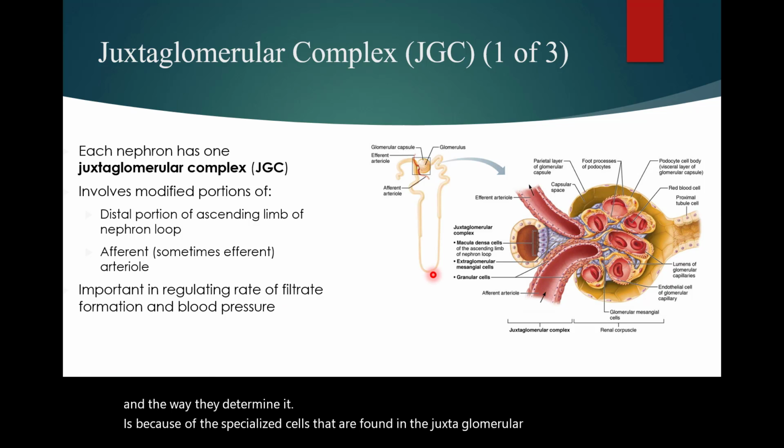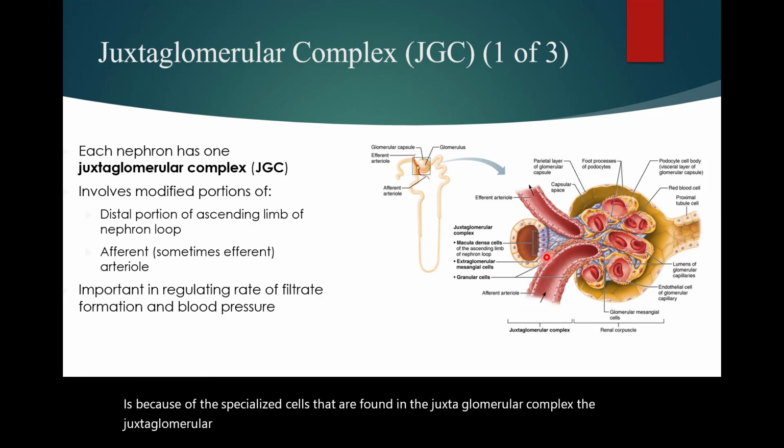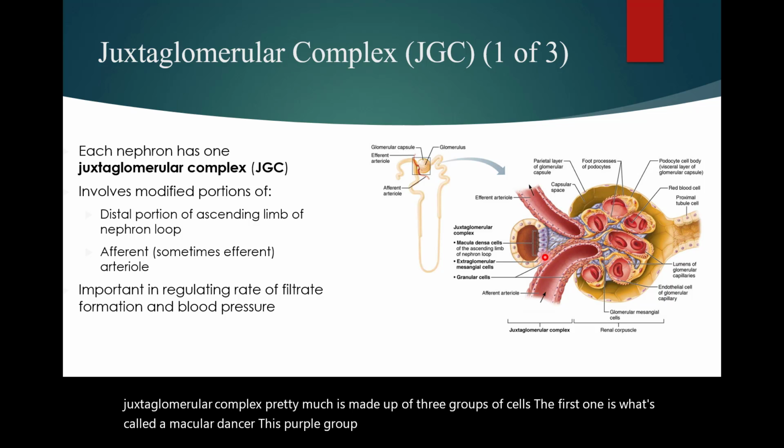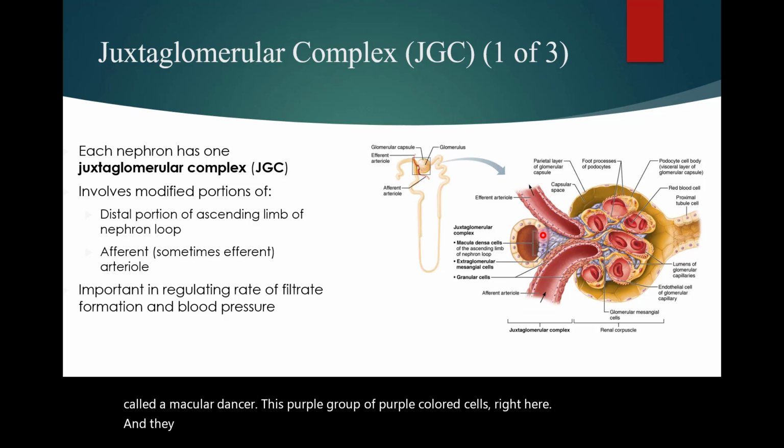The juxtaglomerular complex is made up of three groups of cells. The first one is the macula densa, this group of purple colored cells right here, and they are found in the ascending limb of the nephron loop.